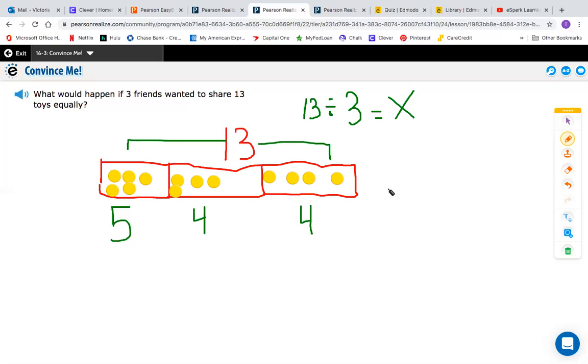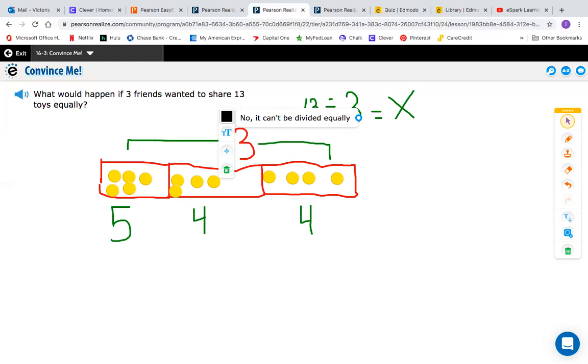When you get into really older grades, you'll start using decimal points to find these answers. But for us, all you would have to say is that no, it cannot be divided equally. I would just say, no, it can't be divided equally because one person got 5 and the other 2 friends only got 4.